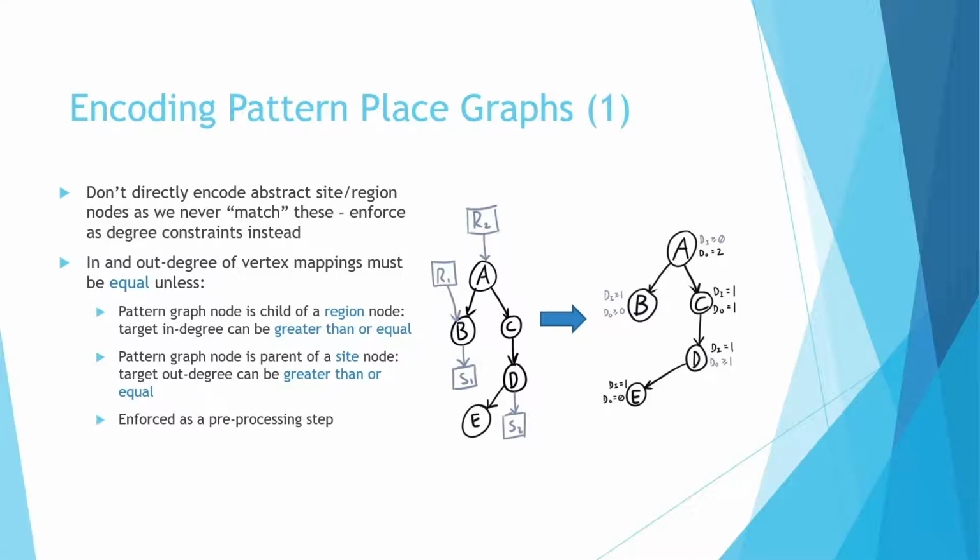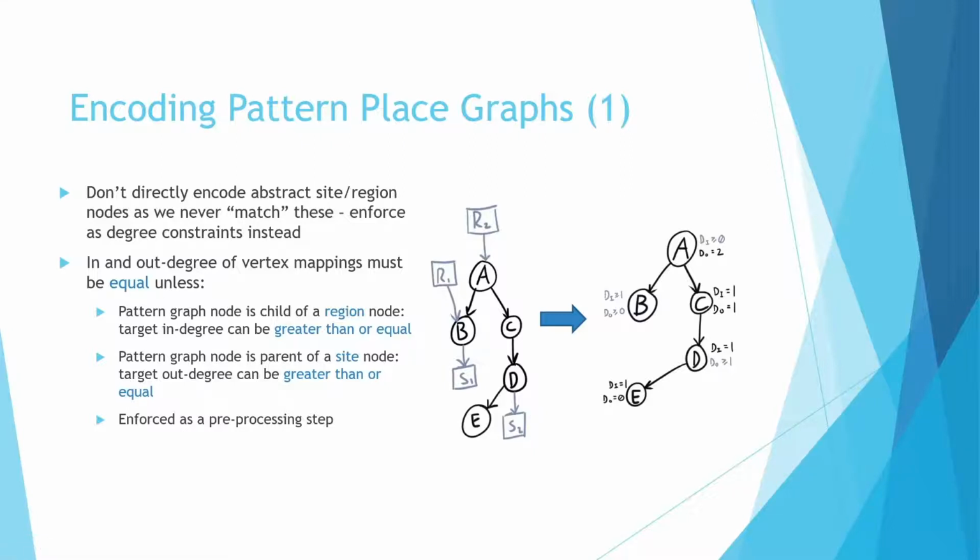So there's an exception here where a pattern graph node is the child of a region node, the equality constraint becomes greater than or equal, and vice versa for the site nodes where the out degree goes from equal to greater than or equal.